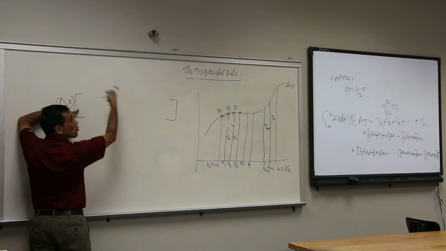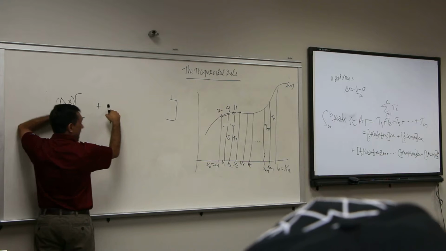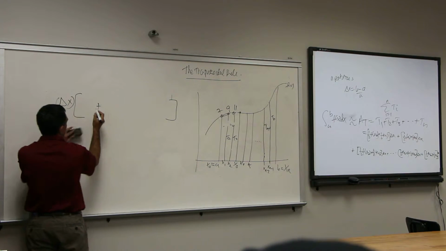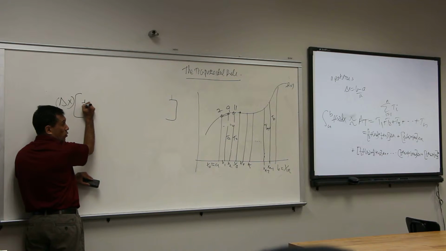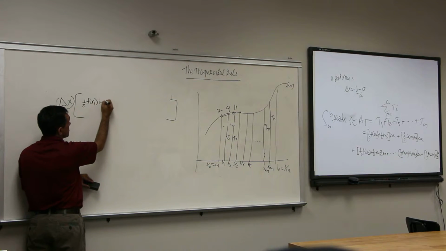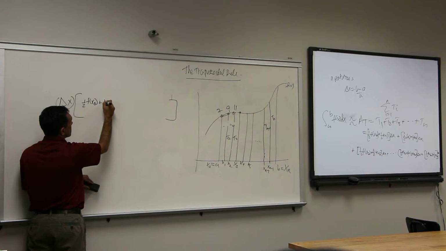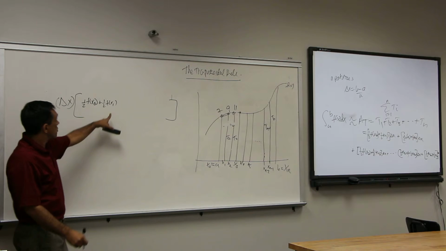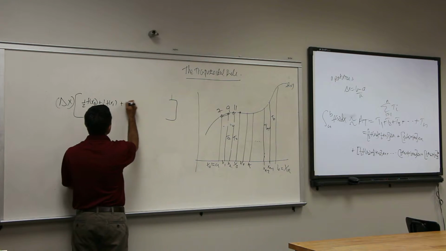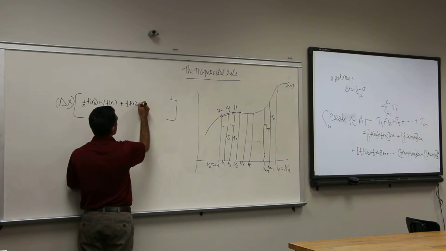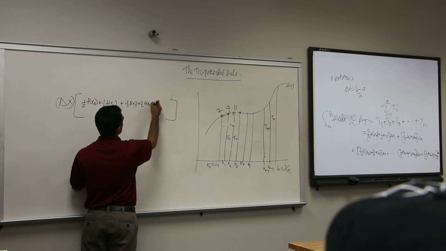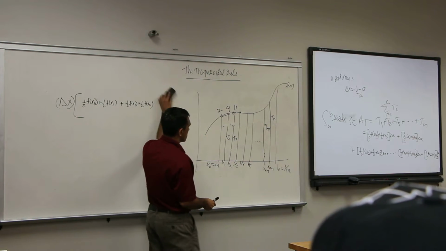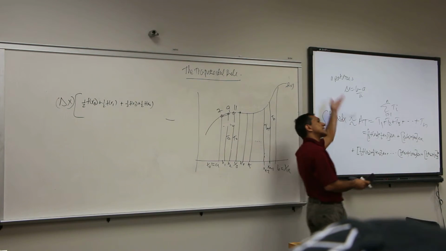Average of the heights on trapezoid 1, plus the average of the heights on trapezoid 2, plus the average of the heights on trapezoid 3. Because now we can take the multiplication by delta x out.